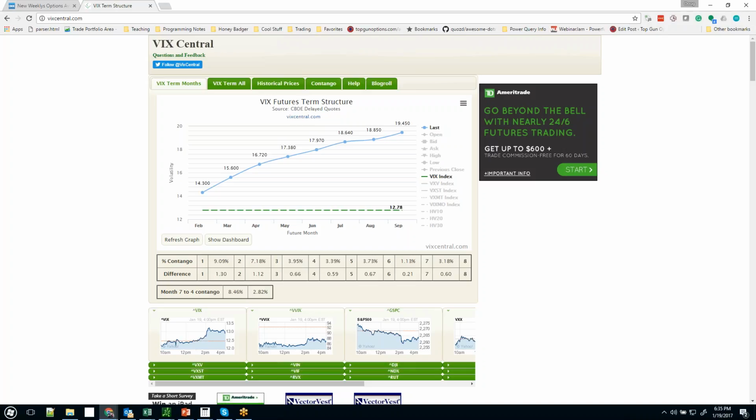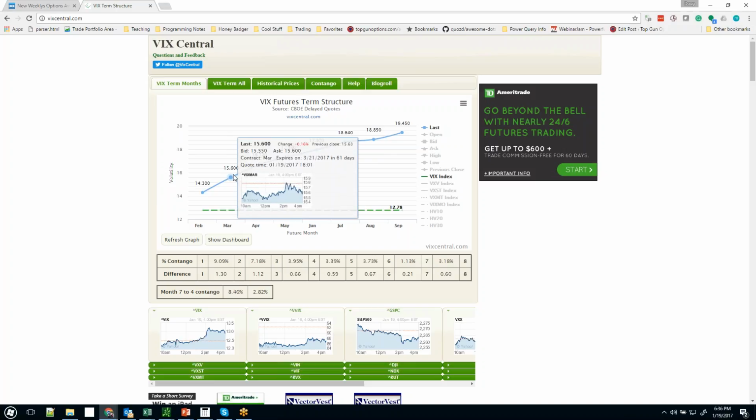VIX options are actually based on the futures contract that expires the day after. I believe it's the futures contract that expires the day after the VIX options contract expires. So in reality, if I was trading a VIX option that expired in March, the March monthly option, and the VIX is currently trading at $12.78, you'd be wondering what the heck is going on with your options, because the price of the options doesn't seem to be related to $12.78 at all.